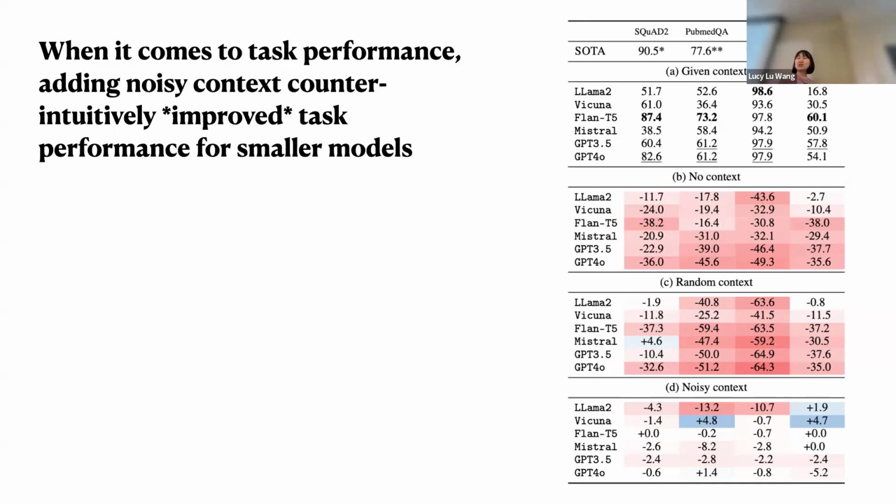If we add noise to the context, models, especially some of the smaller models, tended to abstain more. And because these data sets contain a mixture of answerable and unanswerable questions, we see this counterintuitive increase in task performance due to an increased ability to refuse.